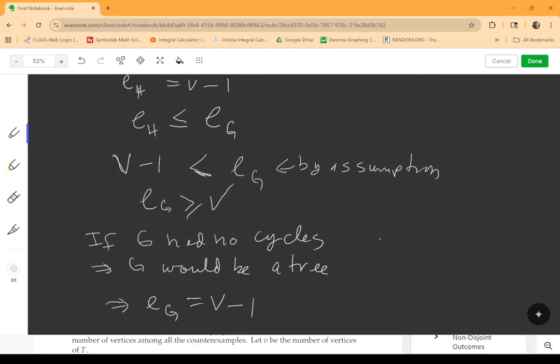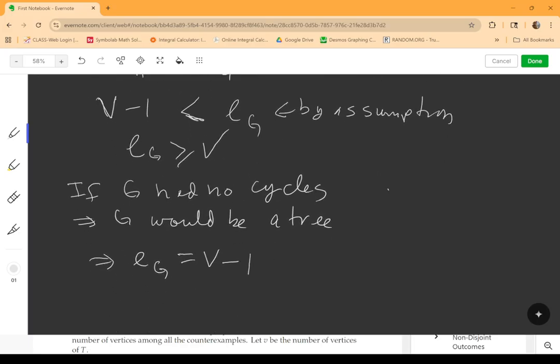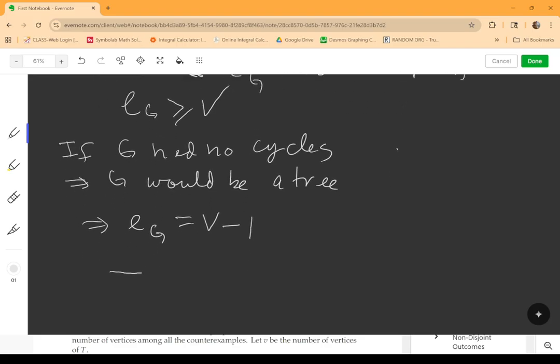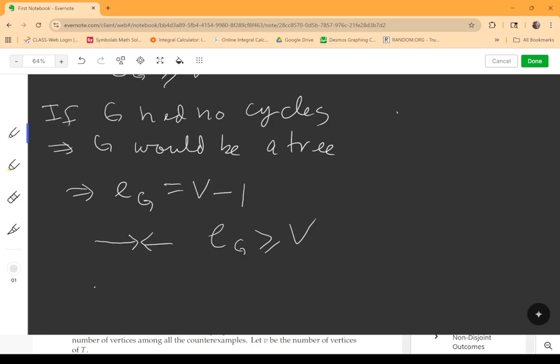So we have E of G to be greater than or equal to V. So if G had no cycles, G would be a tree, which means E of G would be equal to V minus 1. But here we have a contradiction: E of G can be equal to V minus 1, but also greater than or equal to V. So that means that G must contain a cycle.